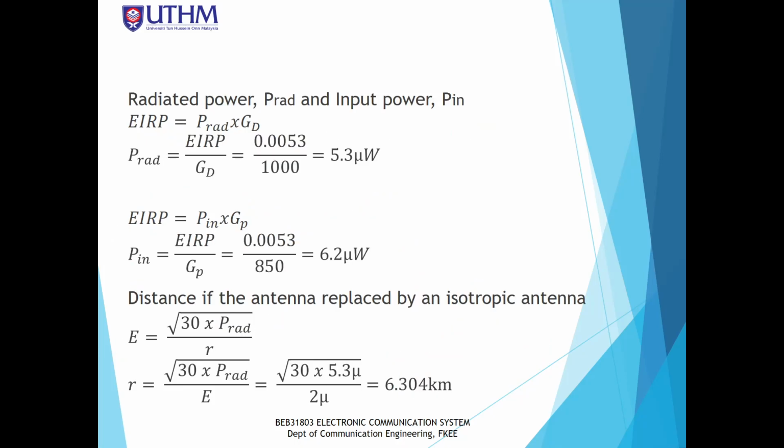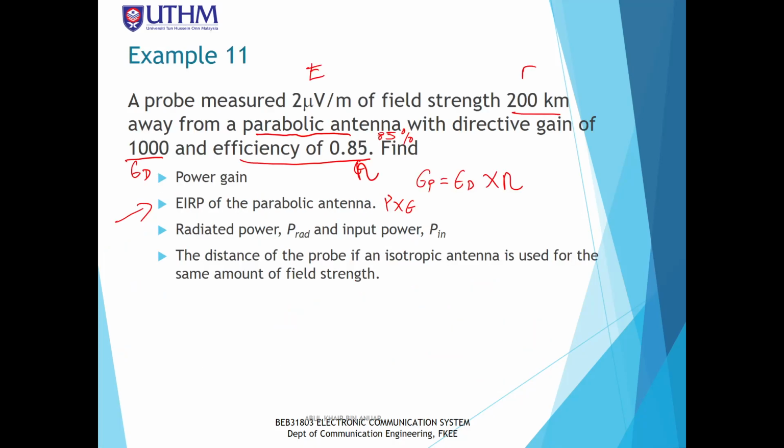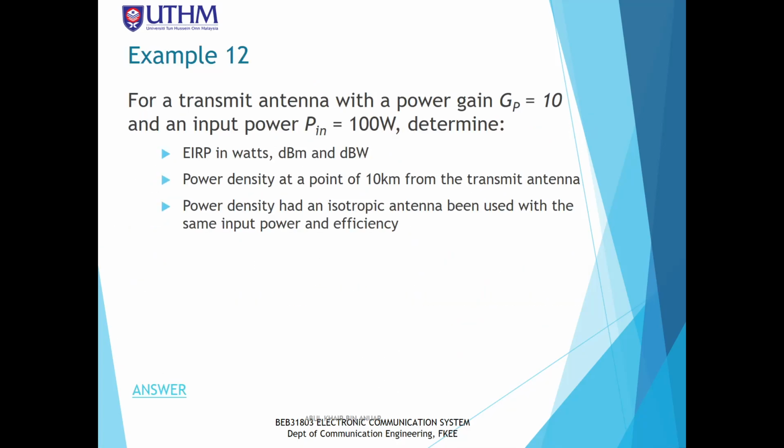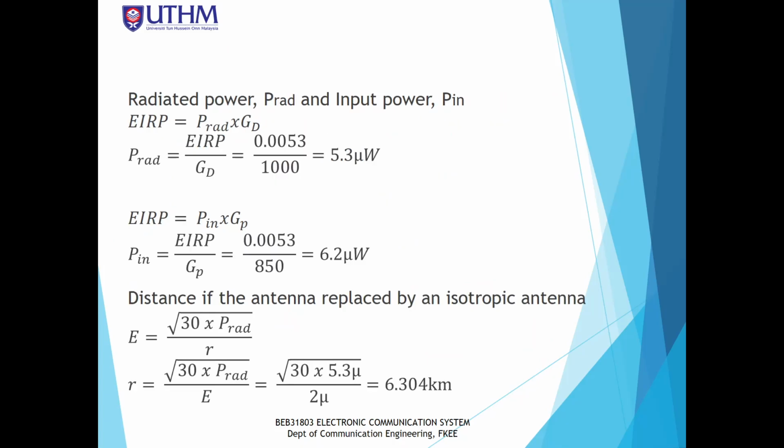And then the question asks to find the radiated power and input power. Since we already have the EIRP, now we can find the P radiation and also P input. Barulah senang untuk kita kira. So P radiation is equal to EIRP divided with directivity gain. Kita telah tahu nilai EIRP daripada soalan yang sebelumnya.